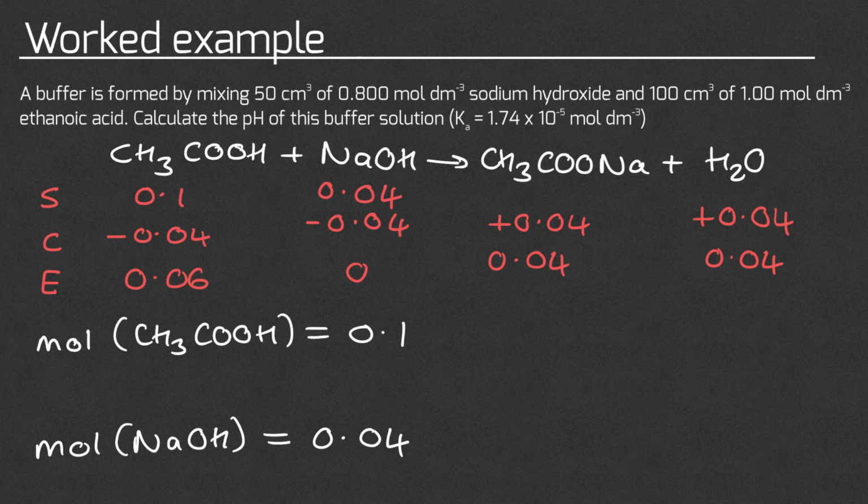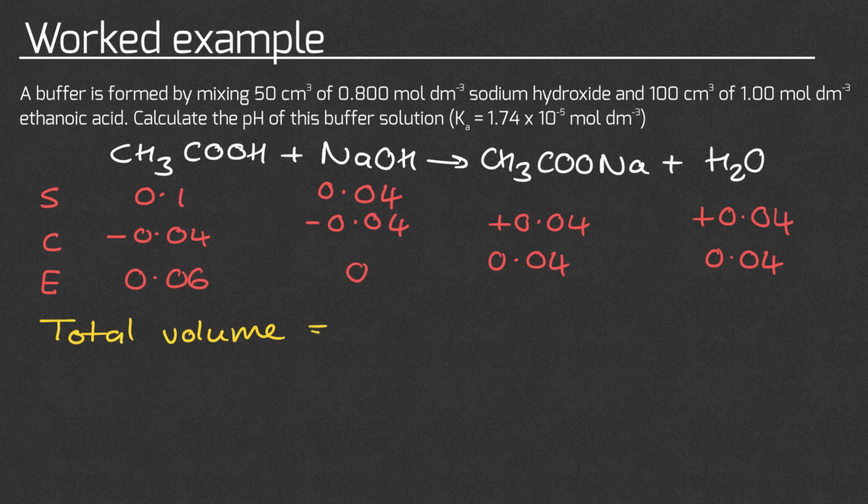What we can do now is work out the concentration of the acid and the concentration of the ethanoate salt. In order to calculate these, we'll need to know what the total volume of the solution is. So in this reaction, we added 50 centimeters cubed of hydroxide to 100 centimeters cubed of acid. This gives us a new total volume of 150 centimeters cubed, which will convert straight away to 0.15 decimeters cubed.